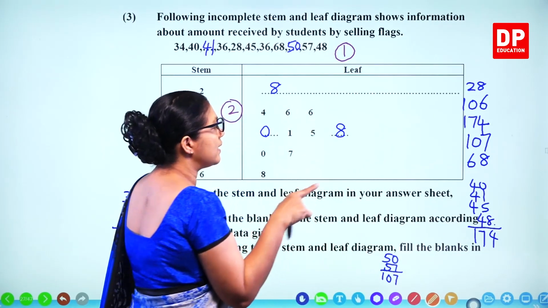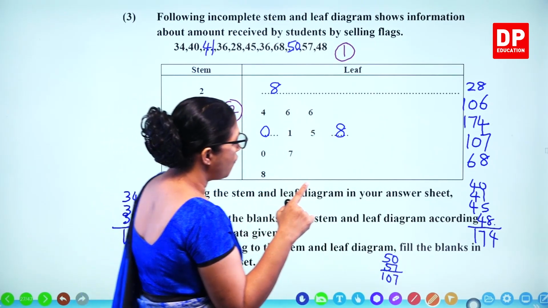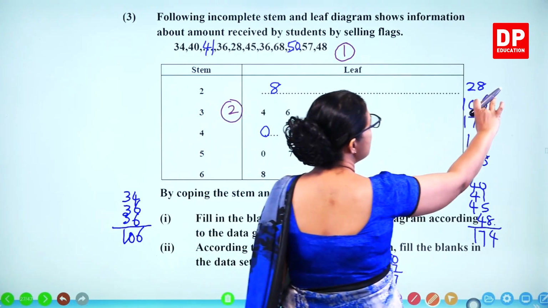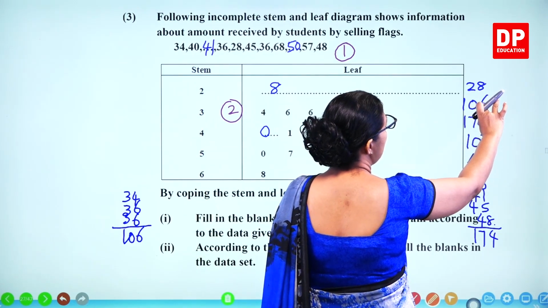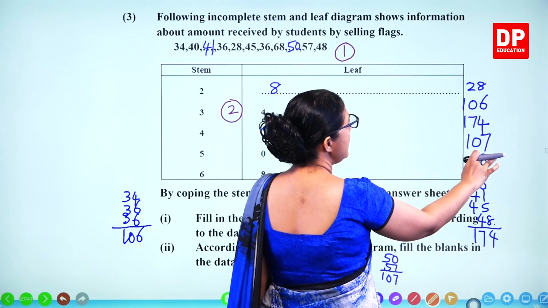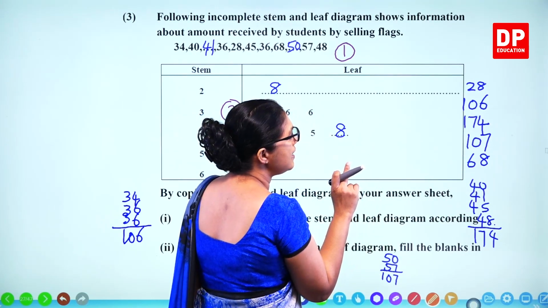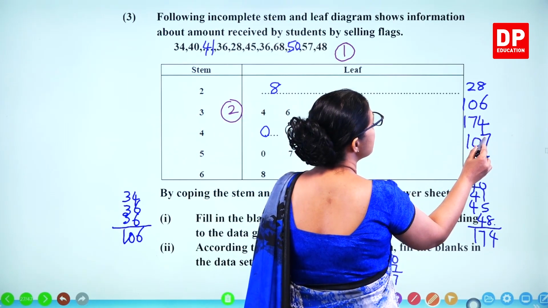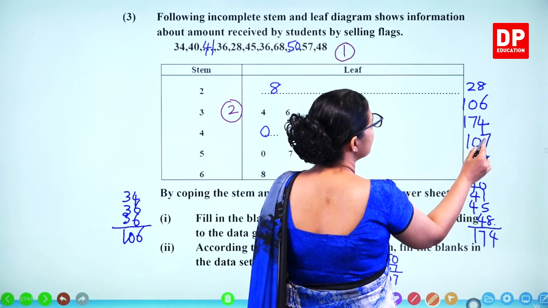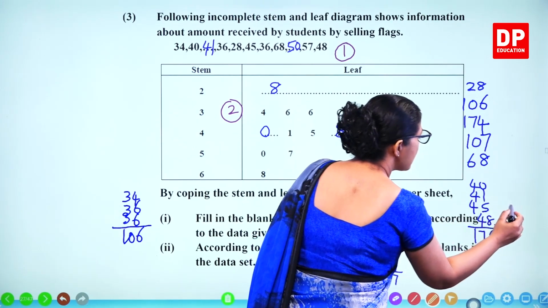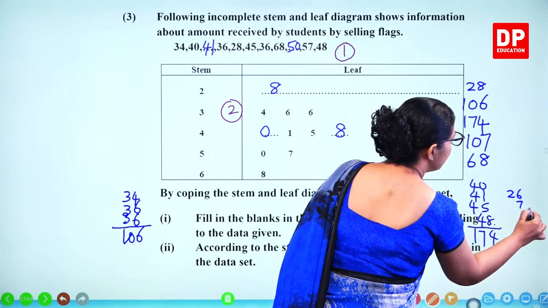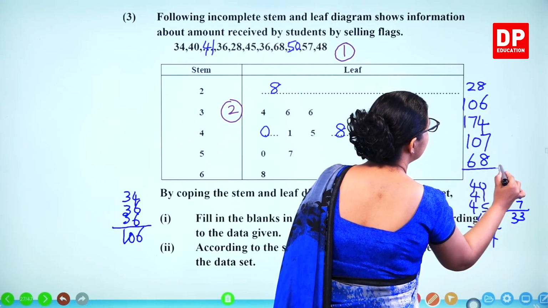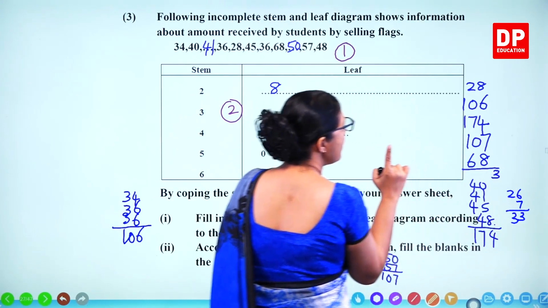So what's the total of all these? You are getting 10 and 8 and 8, 16. 16 plus 10, 26. 26 plus 7, 33. 3 remaining.